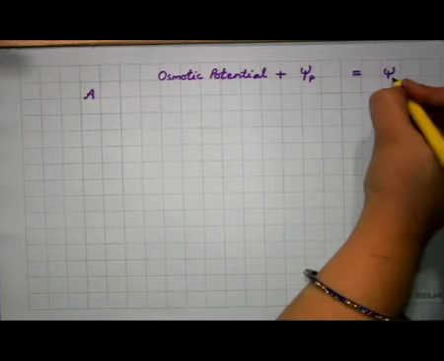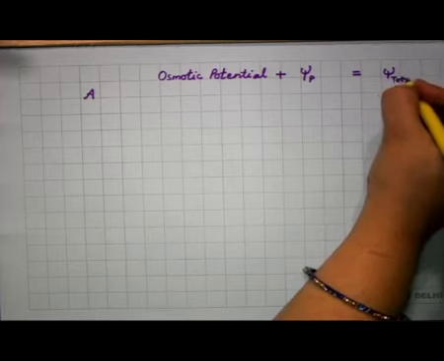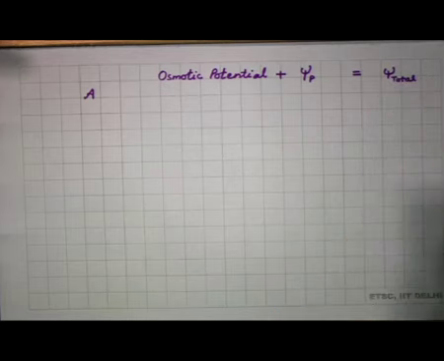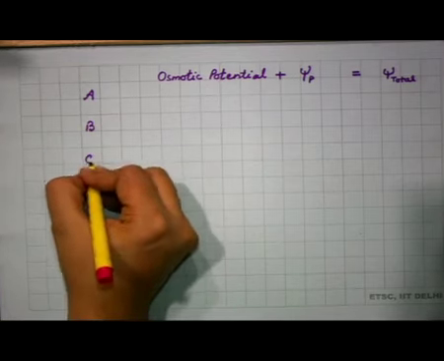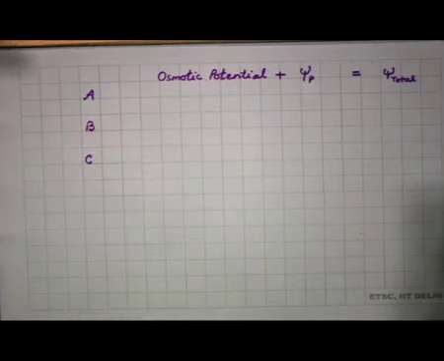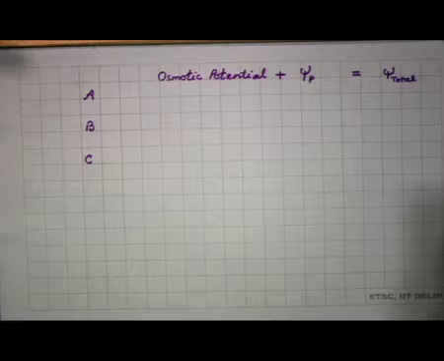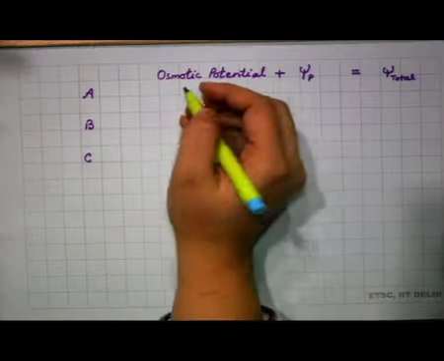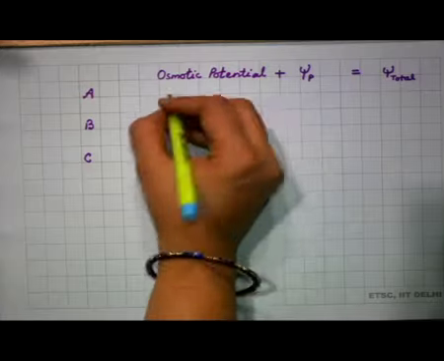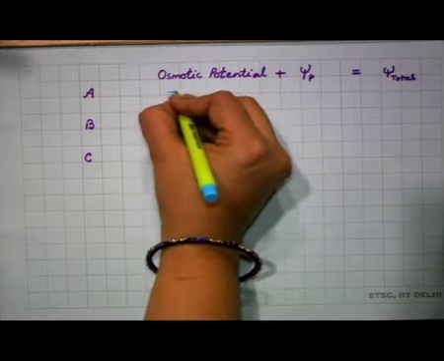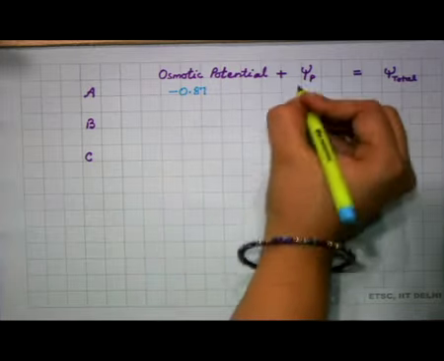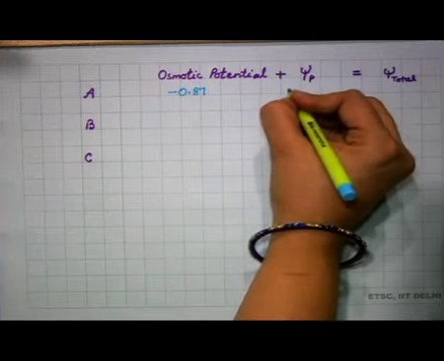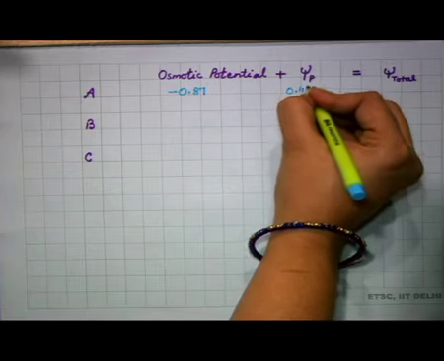Why do we need to calculate the total water potential? Because then only we will get to know the direction of the flow of water, because we know that water flows from the region of its high water potential to low water potential. So, for cell A, the osmotic potential is given to be negative 0.87, while the pressure potential is positive 0.44.